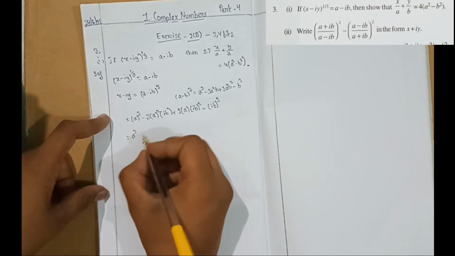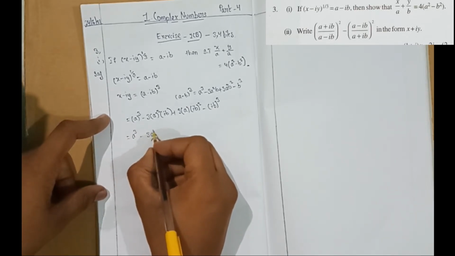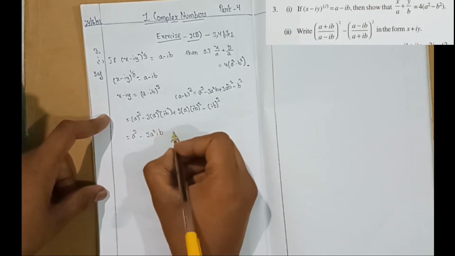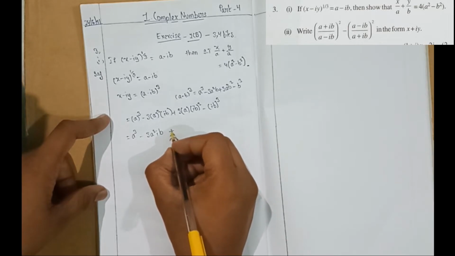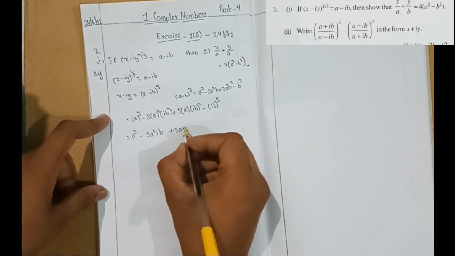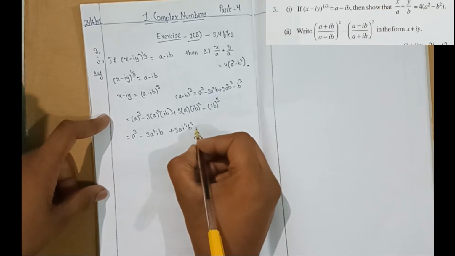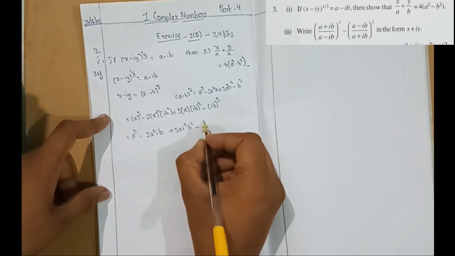So a cube minus 3a square ib plus 3a i square b square minus i cube b cube.